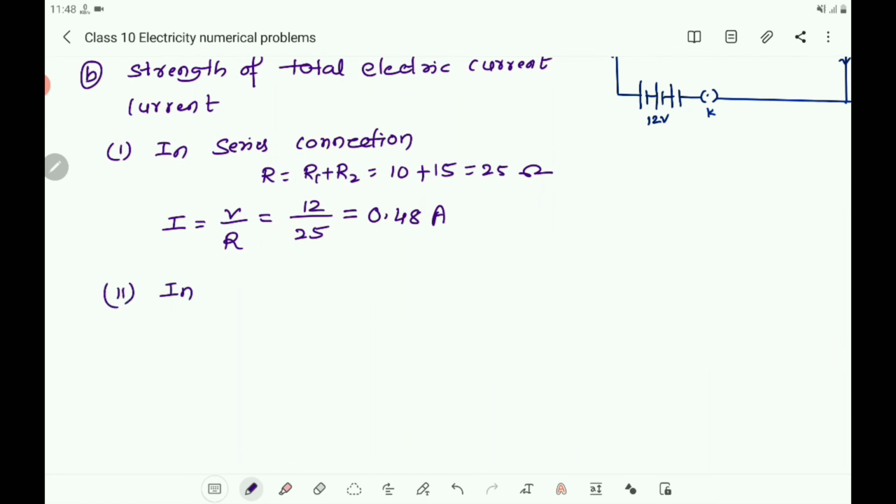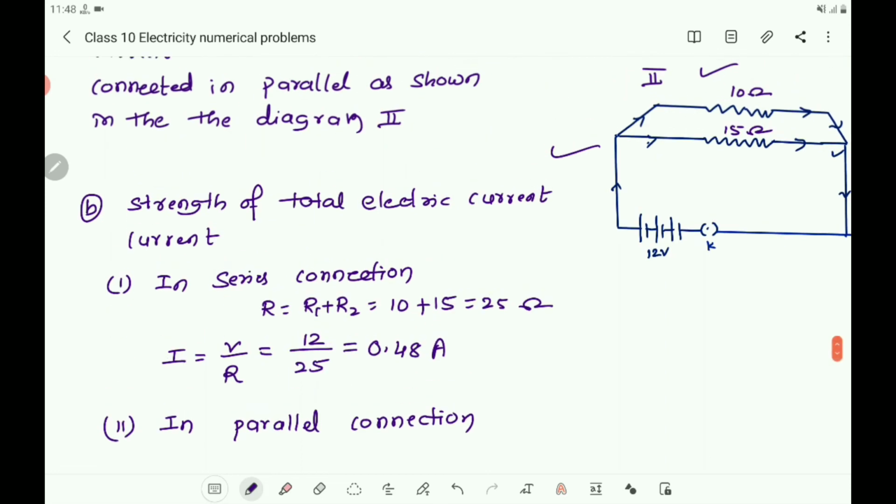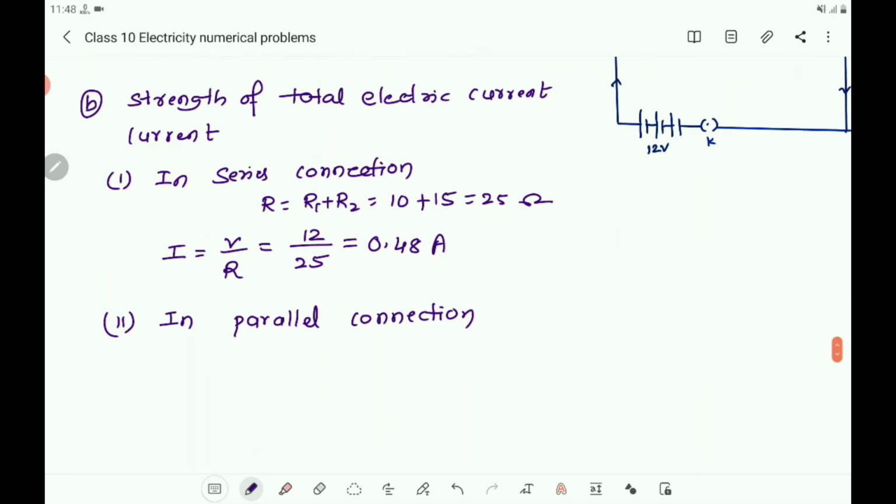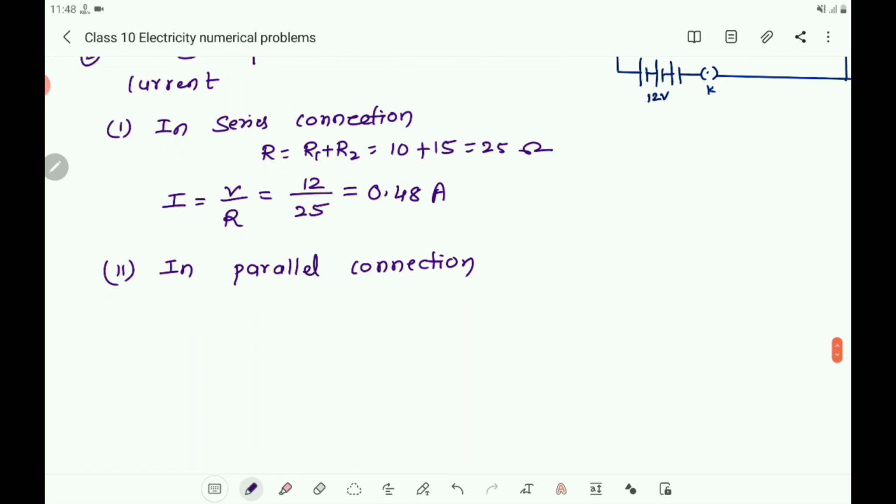In parallel connection, the current flowing is different in different resistances. So here let us find the current through each resistance. First you take R1.